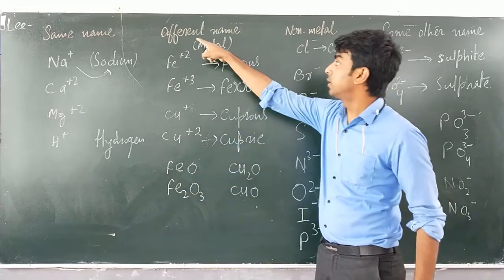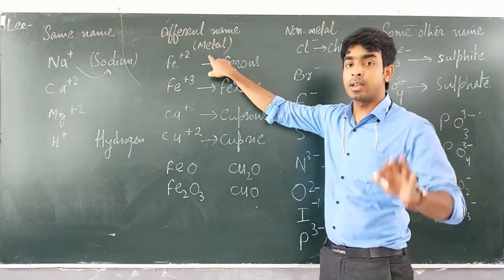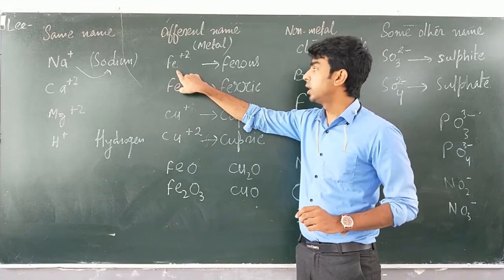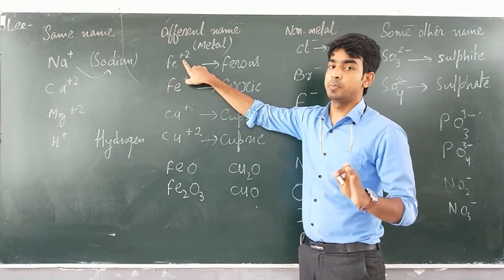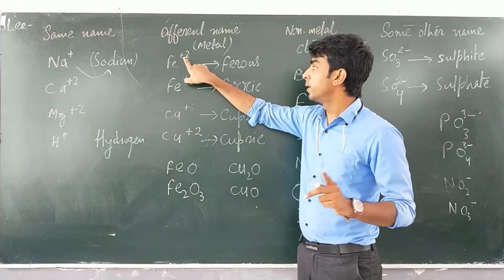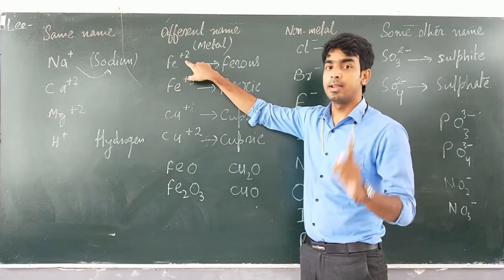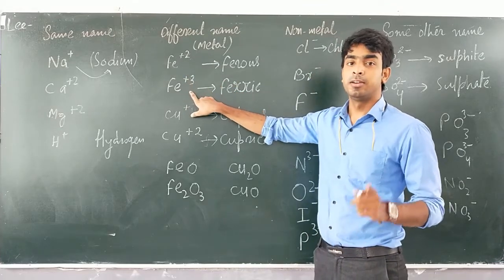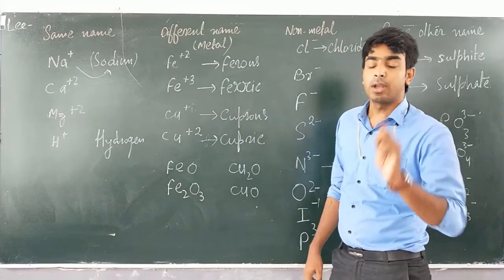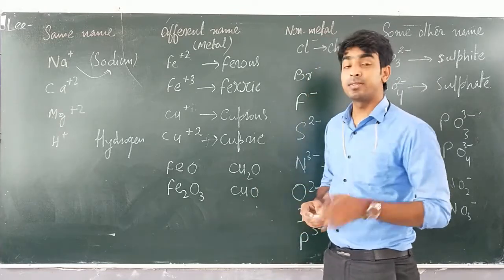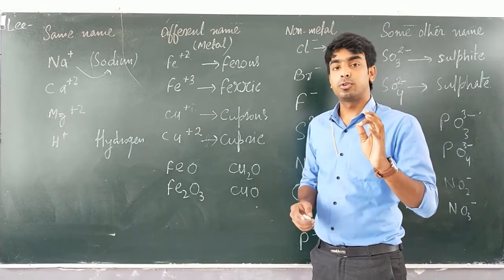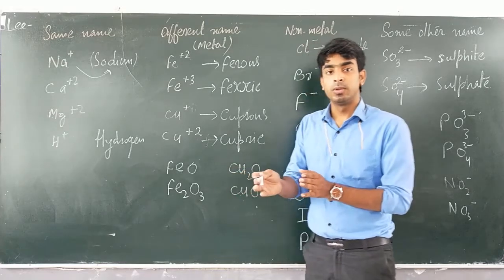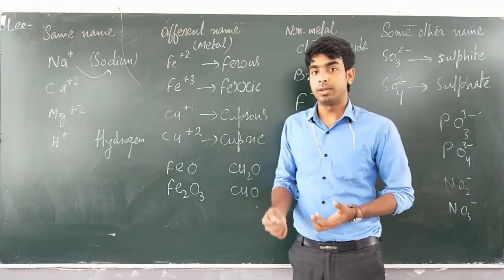For example, with different names, we are talking only about metals whose valency is changing. Fe plus 2: plus means it is electropositive, 2 means it is a dielectropositive radical. Here it is plus 3, a trielectropositive radical. But how will you remember the name? There is a constant idea that will give you a way to remember all the time.